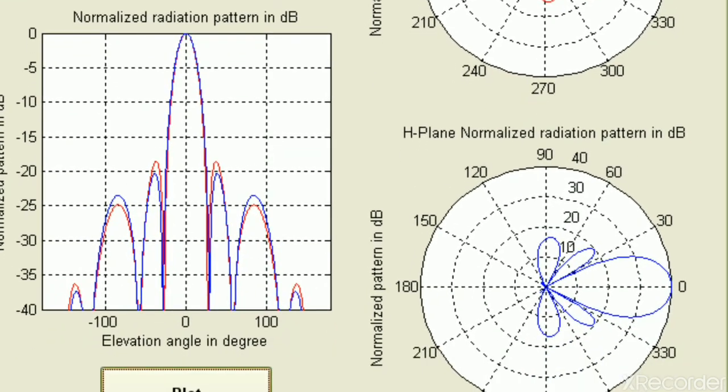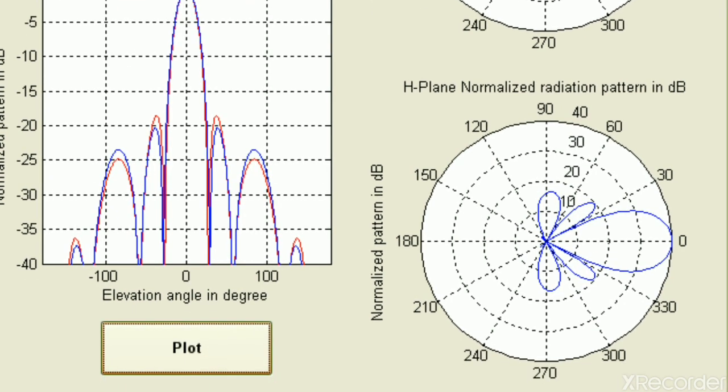Also the same pattern will be observed for the H plane normalized radiation pattern in decibels. So for the H plane it has good directivity, which can be shown by this figure. Also there are some side lobes, but it has more directivity as compared to other types of antenna.